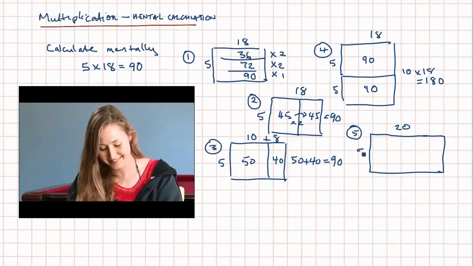And then what they did was, having thought of it as 20, realized they needed to subtract 2 to get back to 18. So 18, in other words, is 20 subtract 2. So 5 times 20 was 100, nice friendly number, and then 2 times 5 is 10, so subtract 10 gives us our 90.